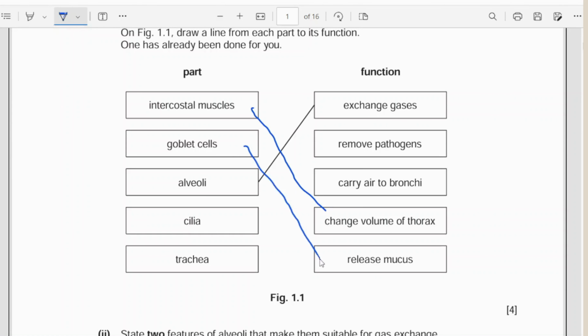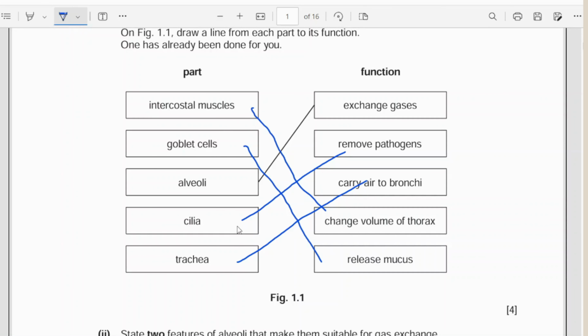Intercostal muscles, goblet cells, cilia, and trachea. Okay, what is the adaptation of trachea? Correct. Good.